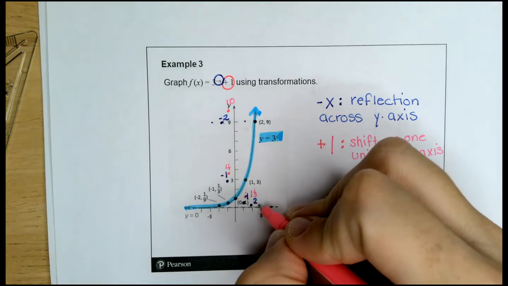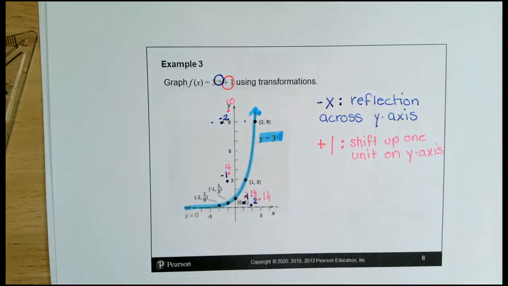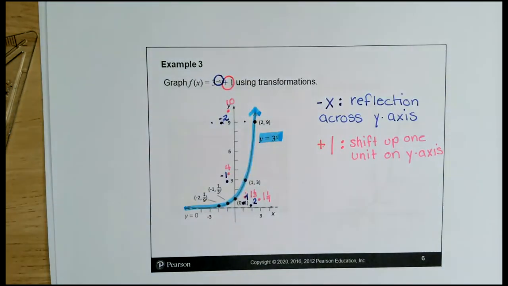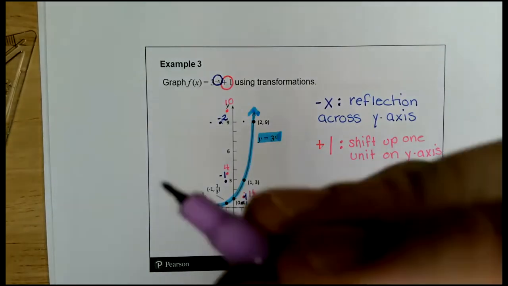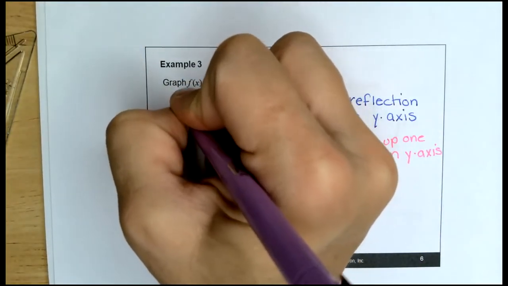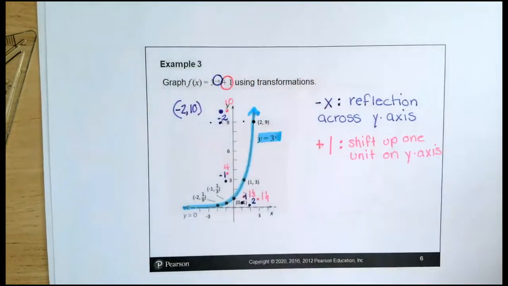The 1/9 became a 1 1/9. So now my points are, here I have a -2, 10. Right here.